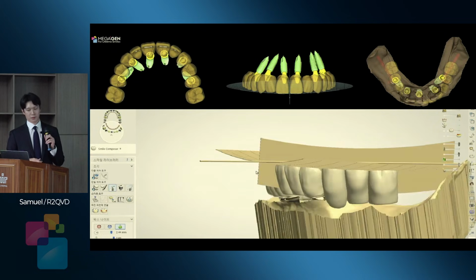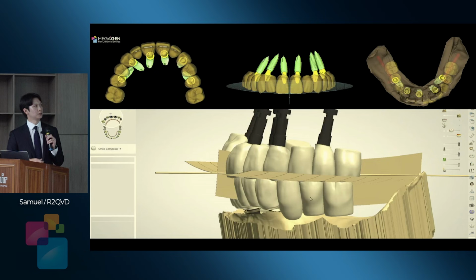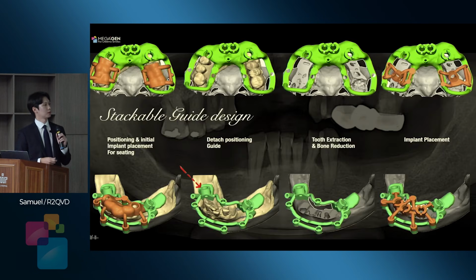Then this case needed some bone reduction, because there is so much extrusion of the teeth here and also here, because there is no stopper. So at that time, we just tried to stack the guide with the arch gate. Then, yeah, upper and lower, I just make it like this.